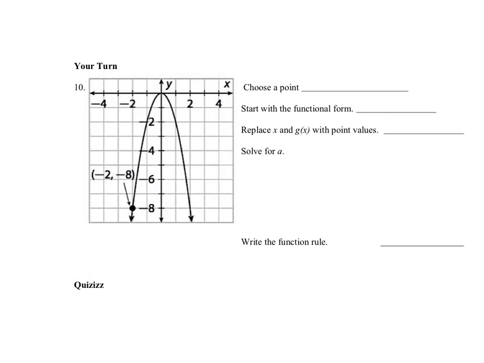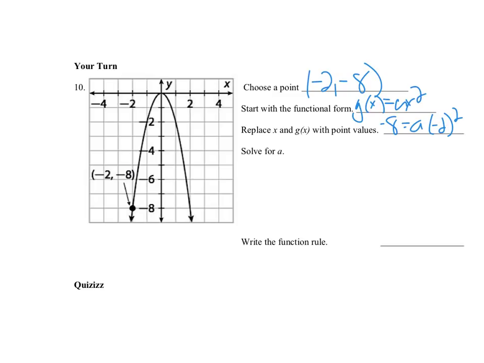All right, so your turn here. So let's get through and set up. So let's choose a point. In this case, the given point that's nice there for us is negative 2, -8. And we want to start with this here. We want to substitute our values in, so we get -8 is equal to a times -2 squared.